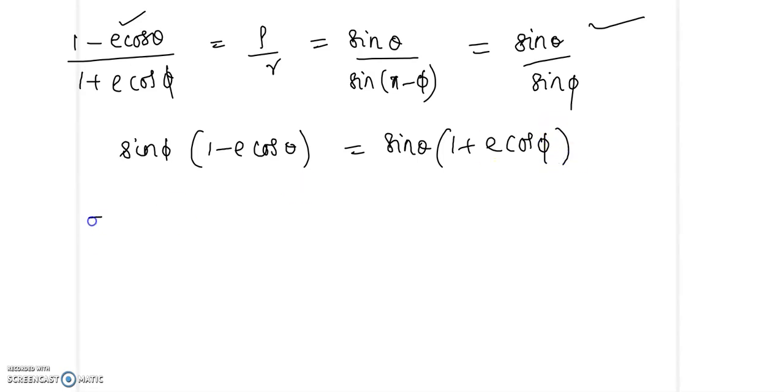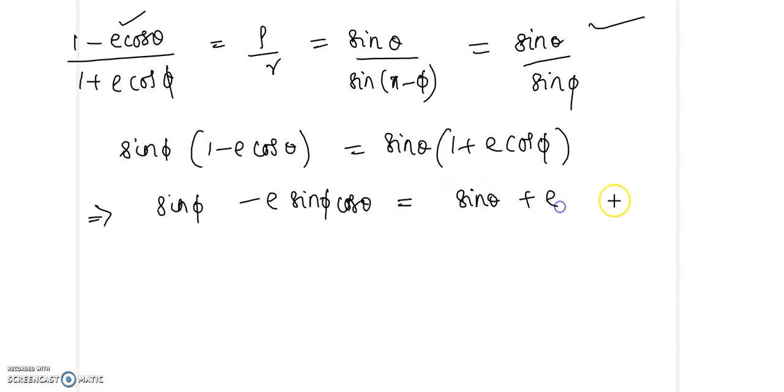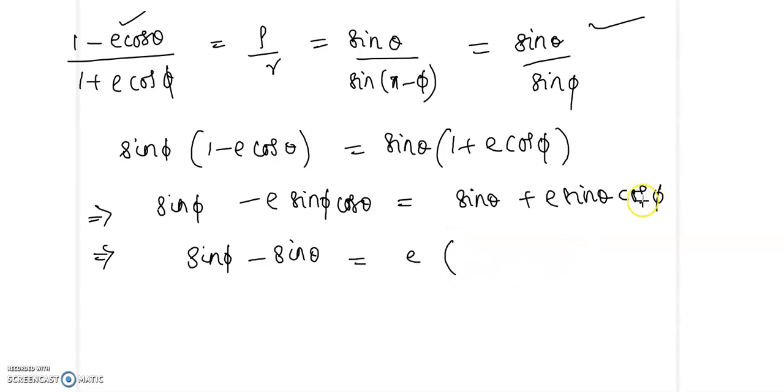So that will give sin phi minus e sin phi cos theta equal to sin theta plus e sin theta cos phi. So let us take the sines to the same side. So sin phi minus sin theta will be equal to e times sin theta cos phi plus sin phi cos theta. So that will be sin of phi plus theta.